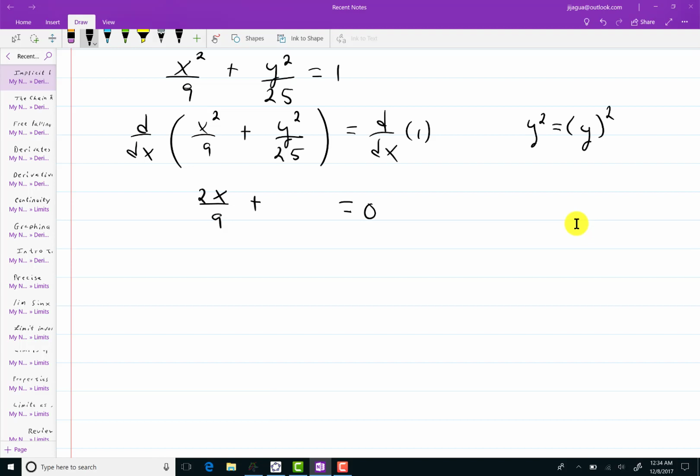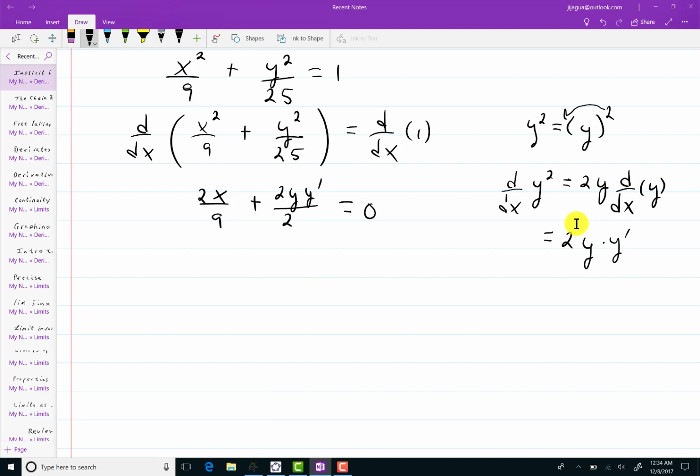That way, when you take the derivative, you'll think to take the 2 out front, so you'll do 2y, but then you'll take the derivative of what was inside. And that's why we end up with 2y times y prime. So 2y times y prime over 25.